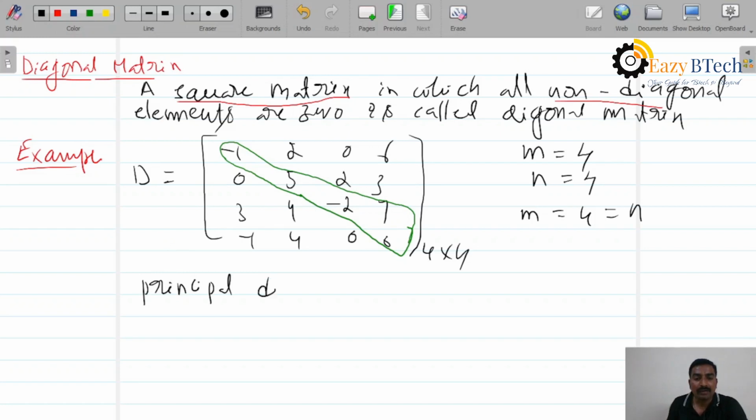These principal diagonal elements are -1, 5, -2, 7. But this matrix is not a diagonal matrix. Why?